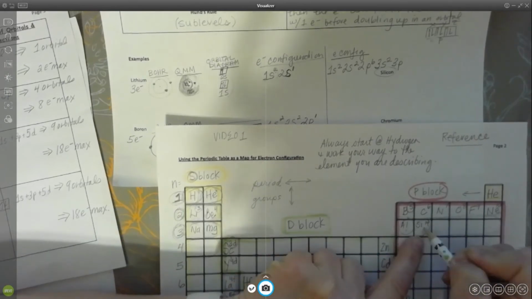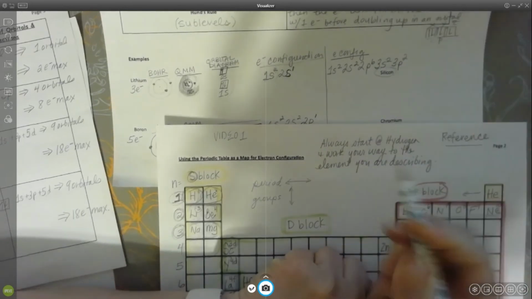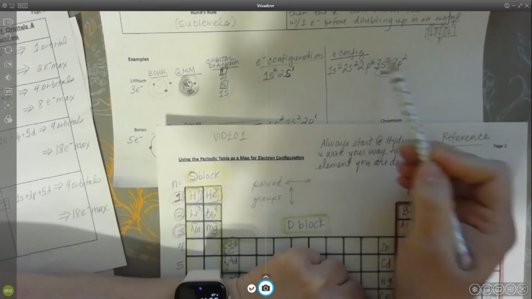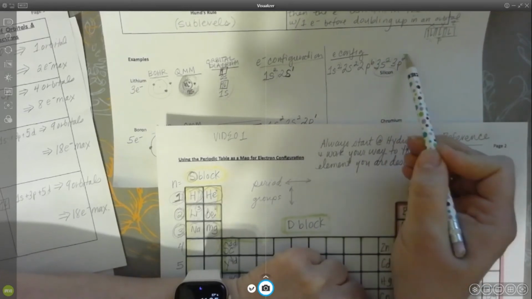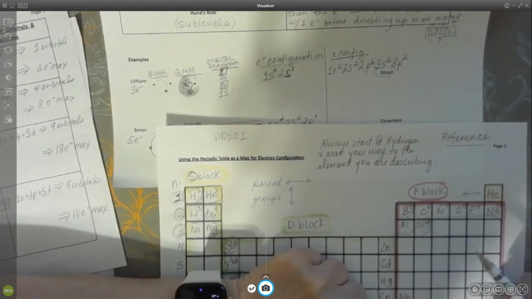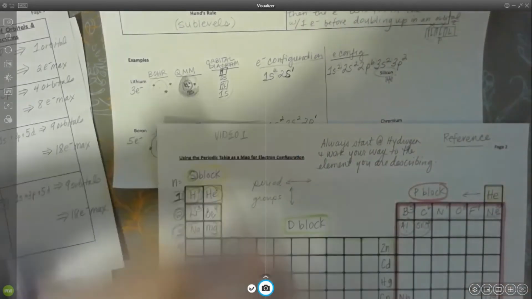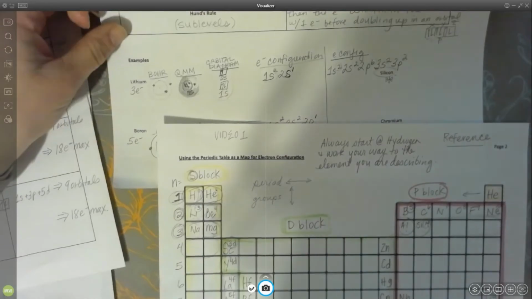Do you see I'm at 2 in here? So if I add up all these numbers, 2, 4, that plus 6 is 10, 12, 14, that should equal the 14 electrons for silicon. So every single electron is described.